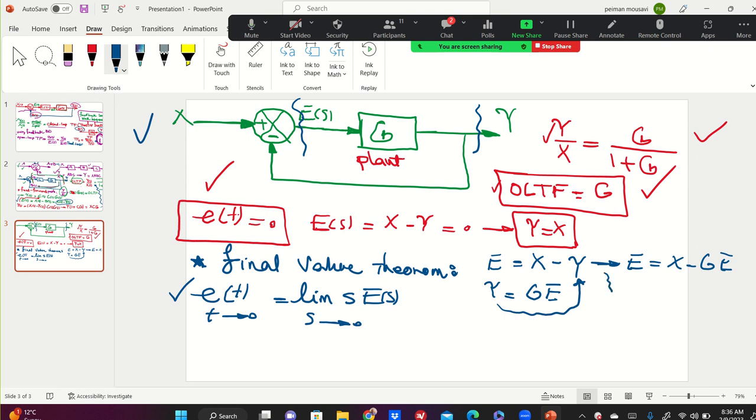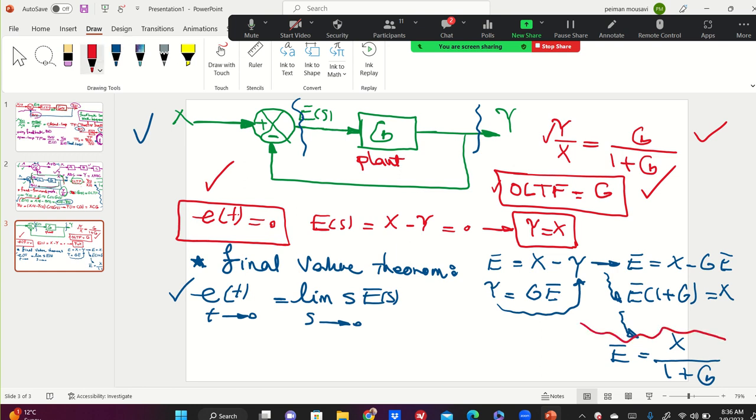If you simplify everything and factor out E, it is (1 plus G) E equals X. So the error signal is going to be the input over 1 plus the plant open loop transfer function G. Why am I doing that? Because I'm replacing it here in the final value theorem. It's going to be s X over 1 plus G when s goes to 0.